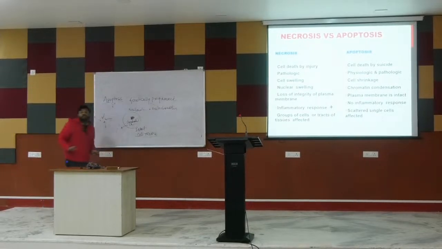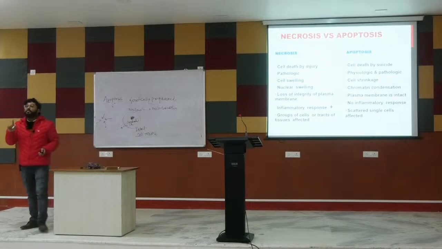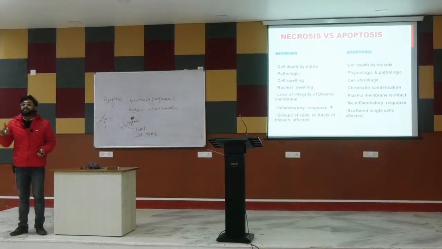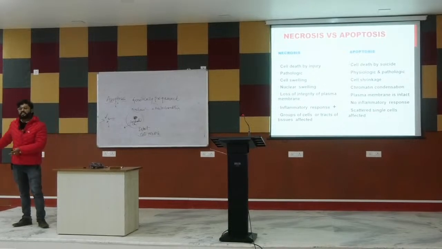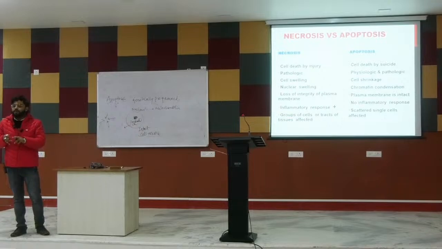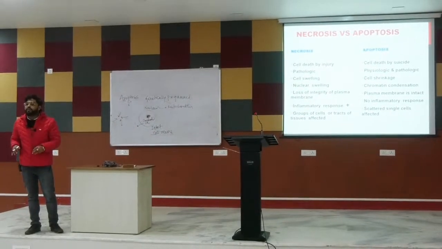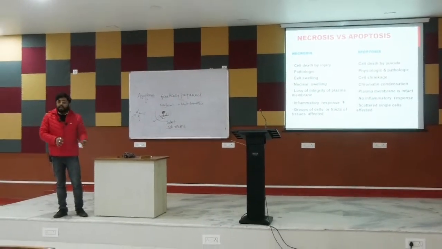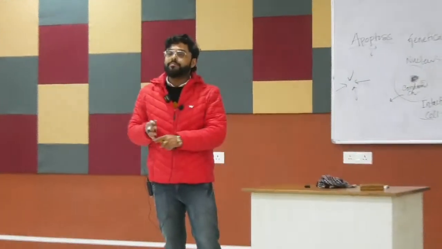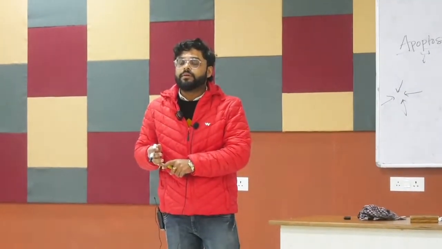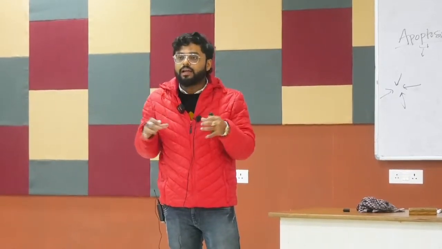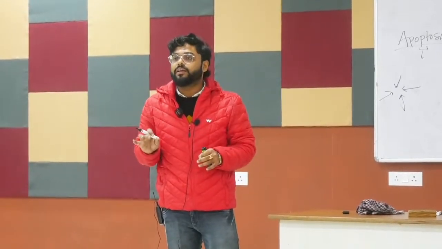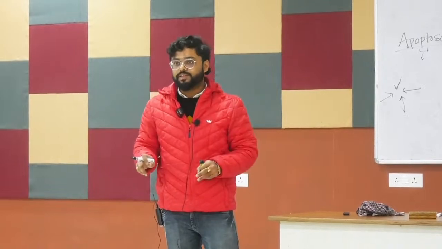Histopathologically, in apoptosis there will be cell shrinkage, chromatin condensation, an intact plasma membrane, and another important factor: usually in apoptosis, one particular single cell is dying. But in necrosis, a group of cells, that is tissue, is dying, like in coagulative necrosis, liquefactive necrosis, or fat necrosis occurring in a whole organ, like in pancreatitis, or caseating necrosis in the lung, where a major portion of the lung is converted into granulomatous inflammation.